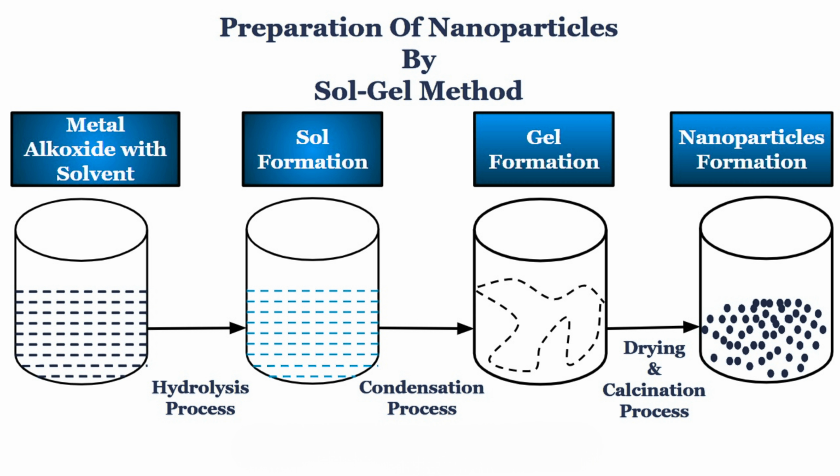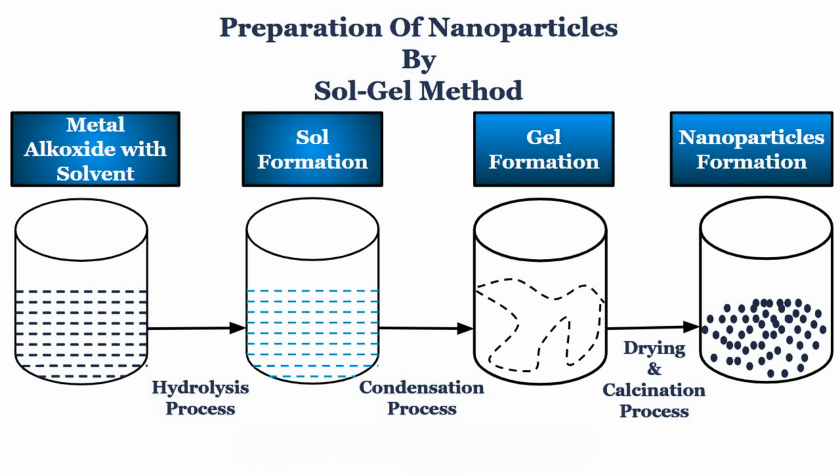Sol-gel method for nanoparticle synthesis, mechanisms, process control, and examples for cerium oxide and lithium iron phosphate nanoparticles. The Sol-gel method is a versatile wet chemical approach for the synthesis of inorganic nanoparticles with precise control over composition, morphology, and microstructure.